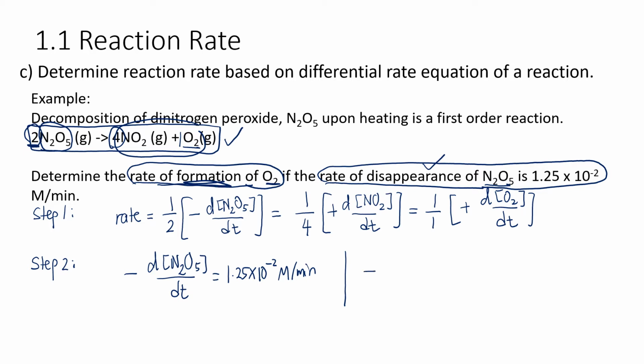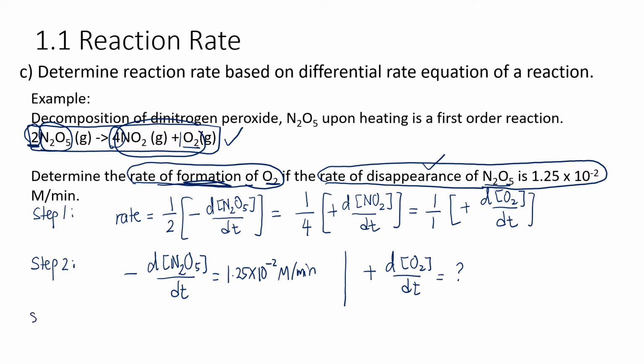So we must have the positive sign to tell people that oxygen is the product and it will continuously be produced in the reaction. Therefore, the rate of formation of oxygen is written as the change in concentrations of product with time. And we want to find what is the rate of formations of oxygen.